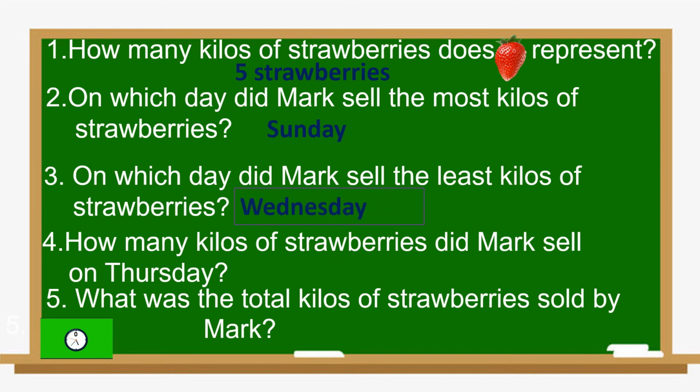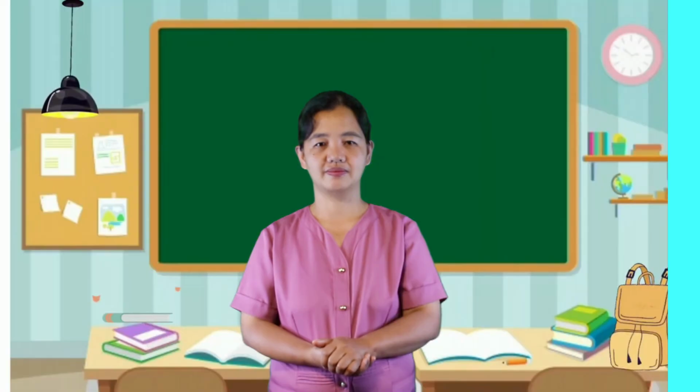Mark sold the least kilos of strawberries on Wednesday. Number 4. Mark sold 10 strawberries on Thursday. And number 5. The total kilos of strawberries sold by Mark is 105 strawberries.